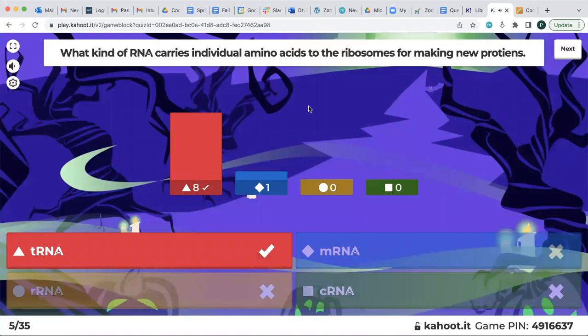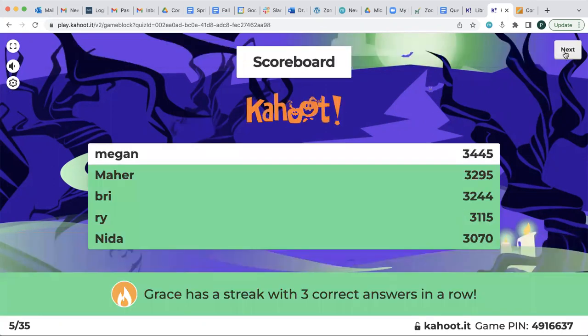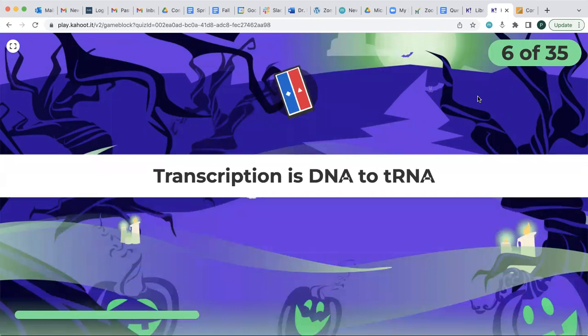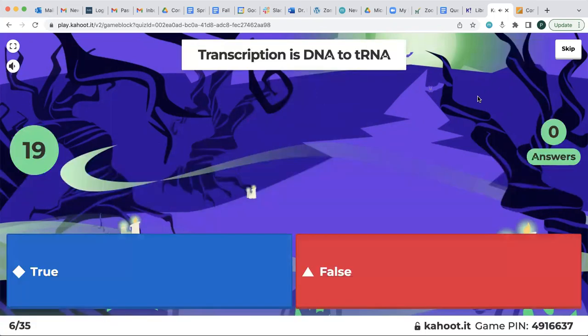Awesome job, everyone. I always got these mixed up, but you guys seem to know it very well. Yep, it is tRNA. mRNA is the one that is transcribed from the DNA directly.